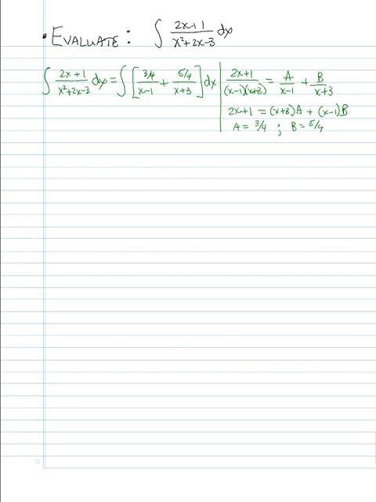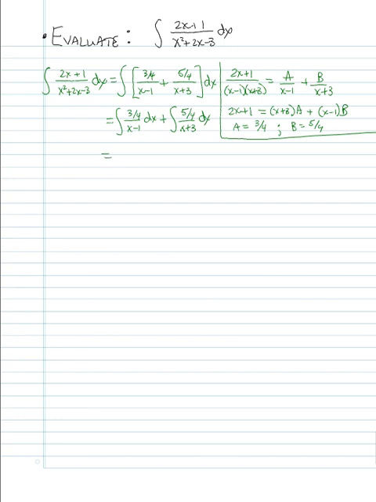So all we've done is decompose that fraction. Well, what that boils down to then is we have two integrals to worry about. We'll just integrate them separately. So we end up with an integral of 3/4 over x minus 1 with respect to x, plus the integral of 5/4 over x plus 3 with respect to x.